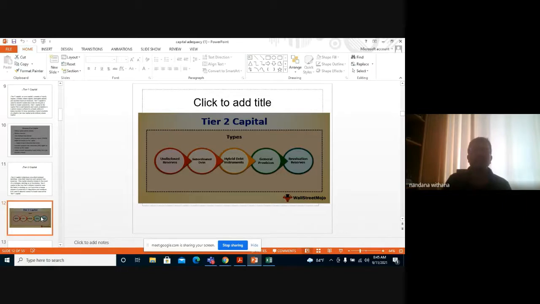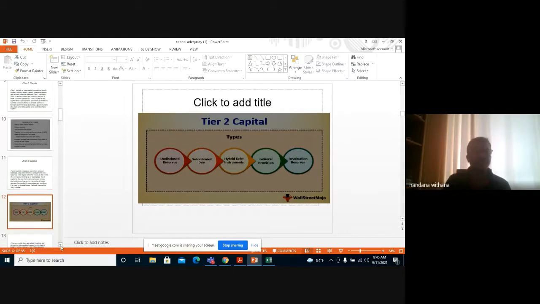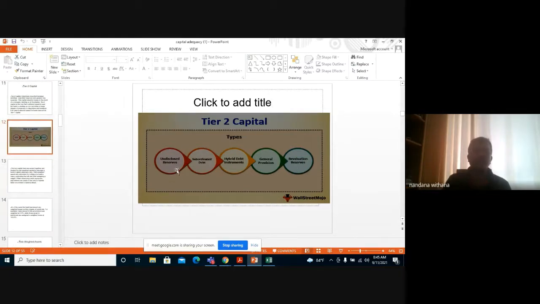Tier 2 capital includes undisclosed reserves, subordinated debt, let's say debentures, hybrid debt instruments, cumulative redeemable preference shares, general provisions, then revaluation reserves. You have to remember these elements.